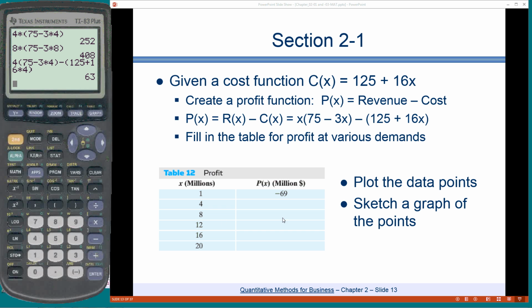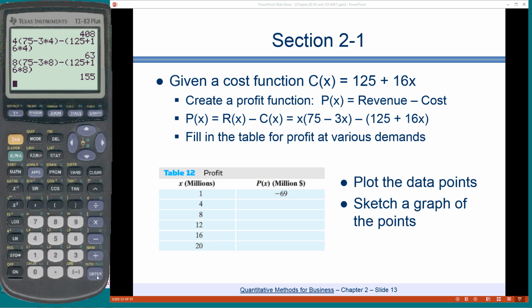What's my profit for a demand of 8 million units? Well, I'm just going to recall that entry by using second entry again and wherever I had 4, I'm going to change it to 8. So it says for demand or sales of 8 million units, my profit would be $155 million.